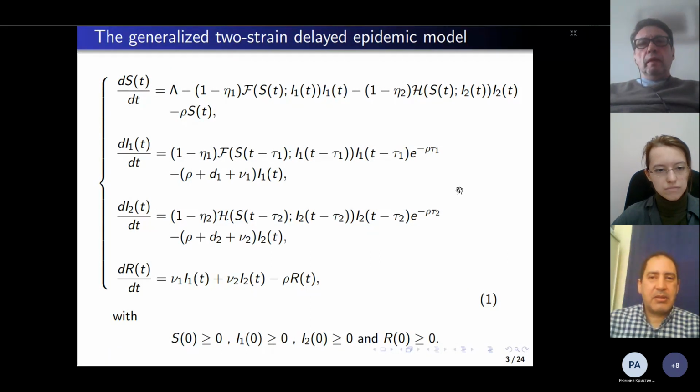Anastasia, if we forget about this infection epidemic, we have lambda minus rho s, so s is not 0 here.